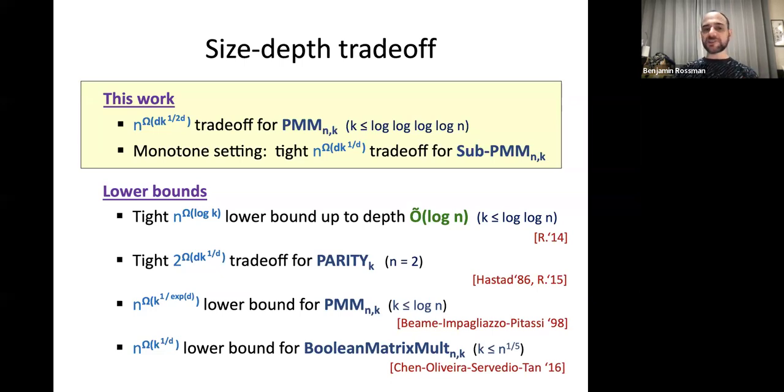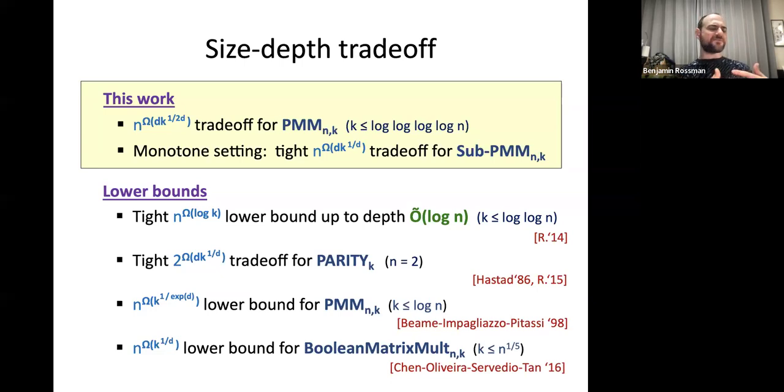However, in the monotone setting, if we have AC0 formulas, which don't have negation gates, we're able to get the completely tight n to the Omega(d) times k to the 1 over d trade-off. This result is not exactly for iterated permutation matrix multiplication, but instead for the problem with subpermutation matrices, the monotone version of PMM, where we consider matrices that have at most a single 1 in each row and column.